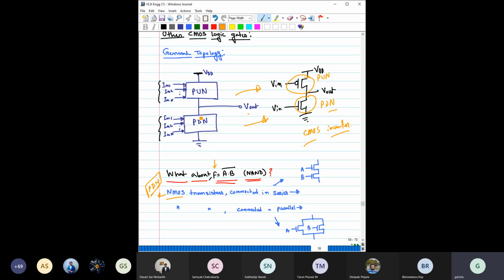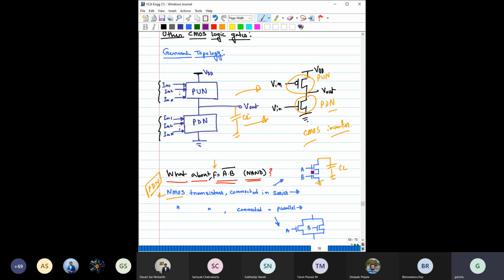So from this perspective, we can definitely say that if you are using NMOS, then it is being used in the pull-down network. So you have connected some load here, and this is grounded. I've connected a load capacitor here, and the inputs A and B are connected in series.